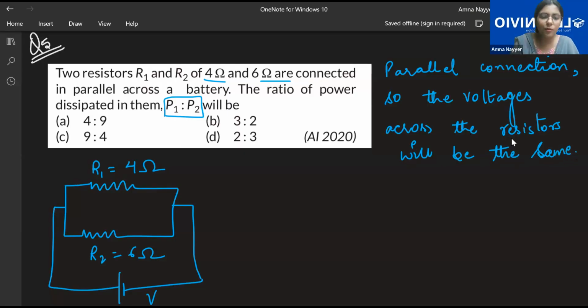Now look, voltage is the same for both of them. If the supplied voltage is V, then the individual voltages will also be V. That's what we have studied in the individual circuits.